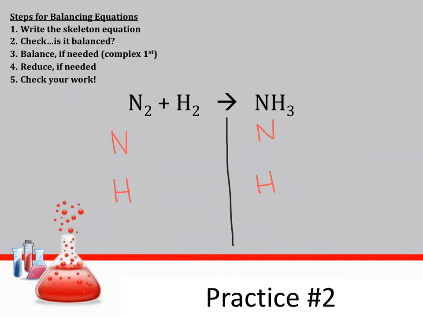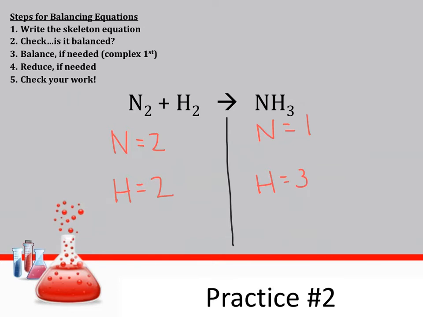Now we're going to count the number of atoms for each element present. So looking at the left side, the reactant side, the subscript next to the N tells me that there are 2 N's, and therefore there are also 2 hydrogens. And then looking at the product side, when there is no subscript, that means there's a 1, so there's 1 nitrogen, and we have 3 hydrogens.